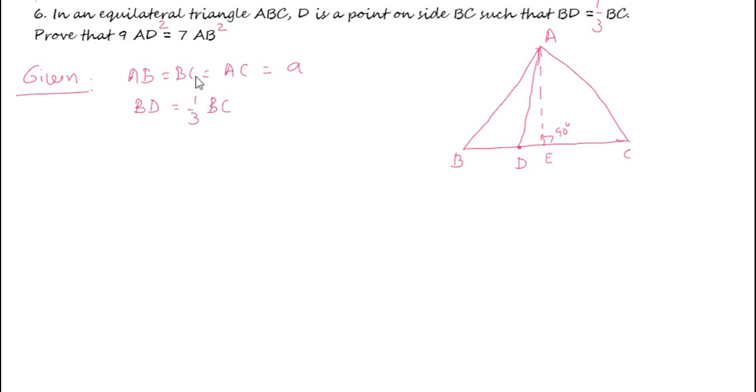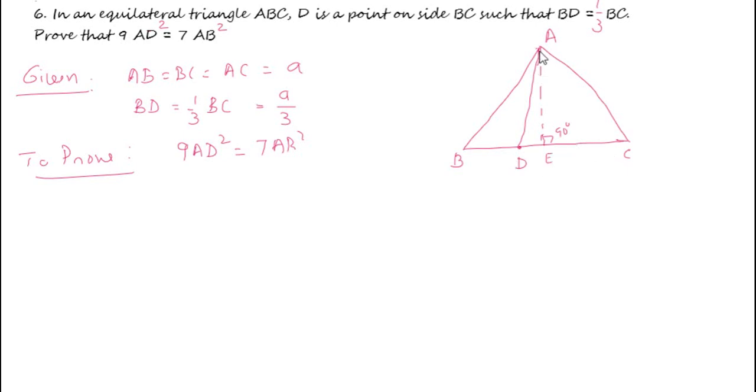But BC equal to A, so we can write this as A divided by 3. Now to prove 9AD square is equal to 7AB square, let us draw one perpendicular from A to BC.